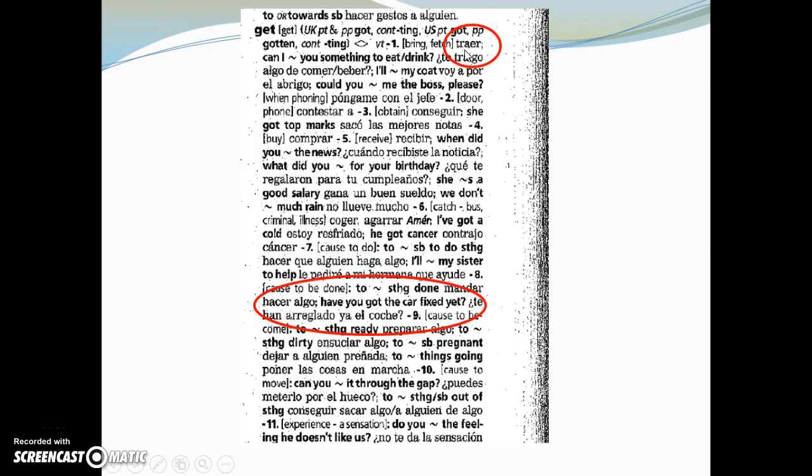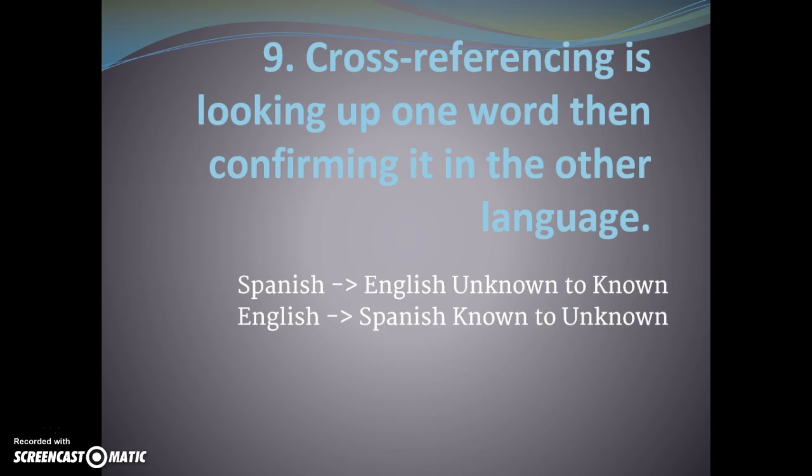Now, if I've never seen the word traer before, I might be a little hesitant to use it because how do I know if I have the right word? Well, you're going to know if you go to the Spanish half of your dictionary and you look up the word traer. And when you look up the word traer in your dictionary, you're going to see that it means to bring or to fetch. So the cross-referencing is just confirming that you have chosen the right word in the right context.